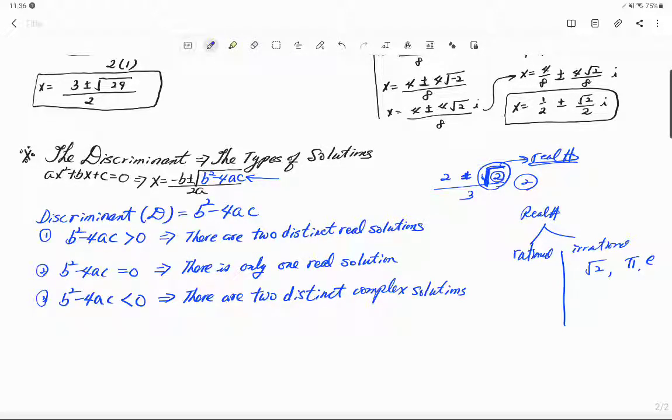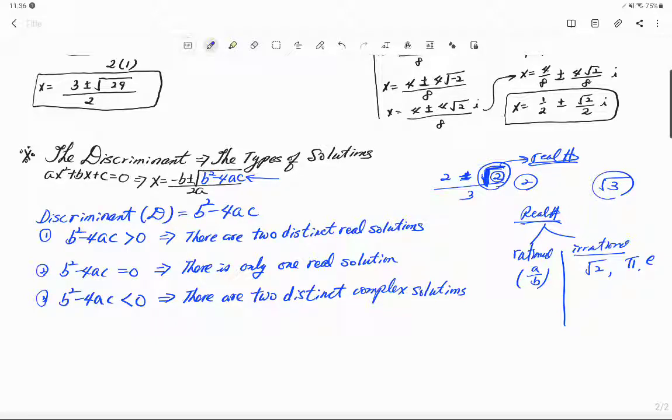And rational numbers can be written as a fraction. So if we have a square root of a positive number, this is a real number. So there are two distinct real solutions. If the discriminant is positive, then there are two solutions, plus or minus the square root.